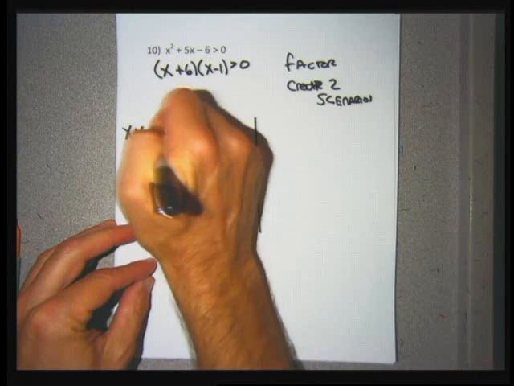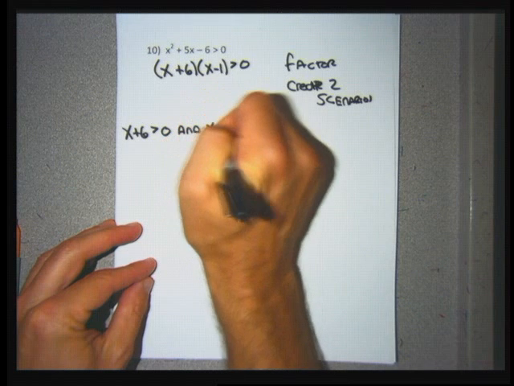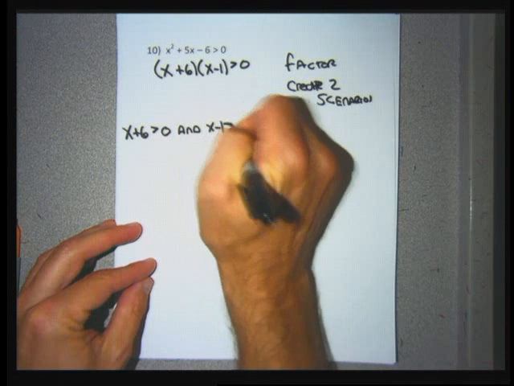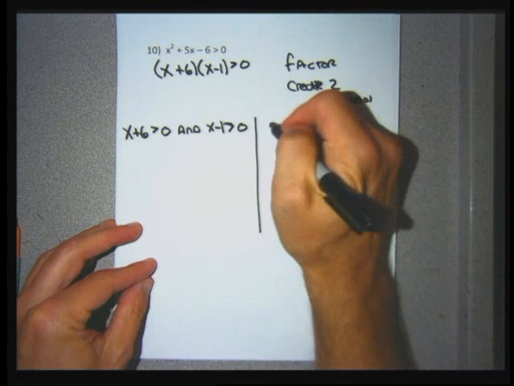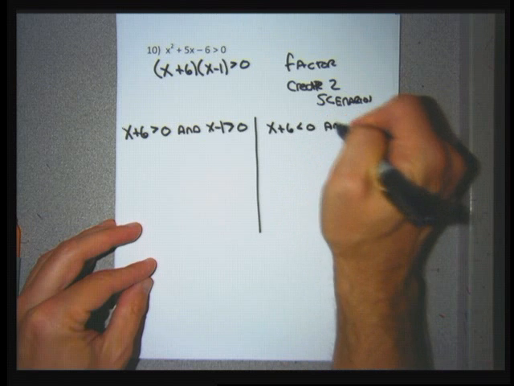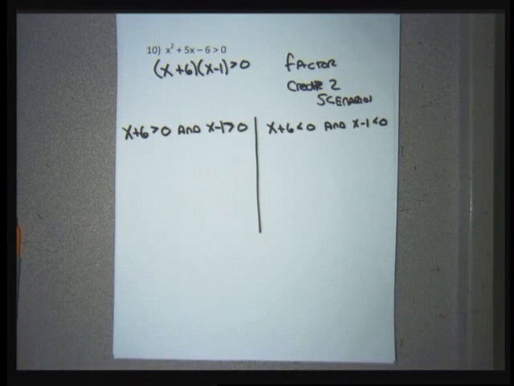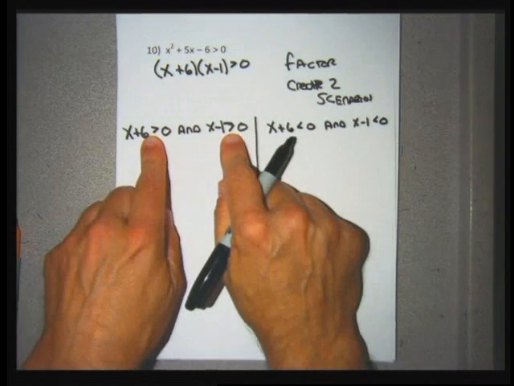Either both of these are positive, that's x plus 6 and x minus 1 is greater than 0, or they're both negative, that is x plus 6 is less than 0 and x minus 1 is less than 0. So the scenarios are different with greater thans. With less thans, each scenario has one greater than, one less than.